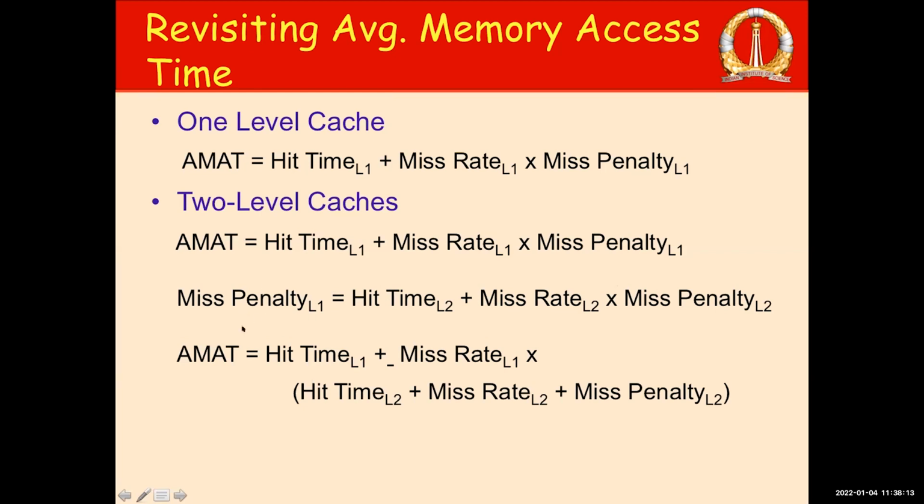If you substitute this miss penalty over here, you get the average memory access time for two level caches, which is the hit time at L1 plus the miss rate of L1 multiplied by the hit time at L2 plus the miss rate at L2 multiplied by the miss penalty. I think this has to be multiplied. This is not plus. Sorry, there's a mistake here. This has to be multiplied.